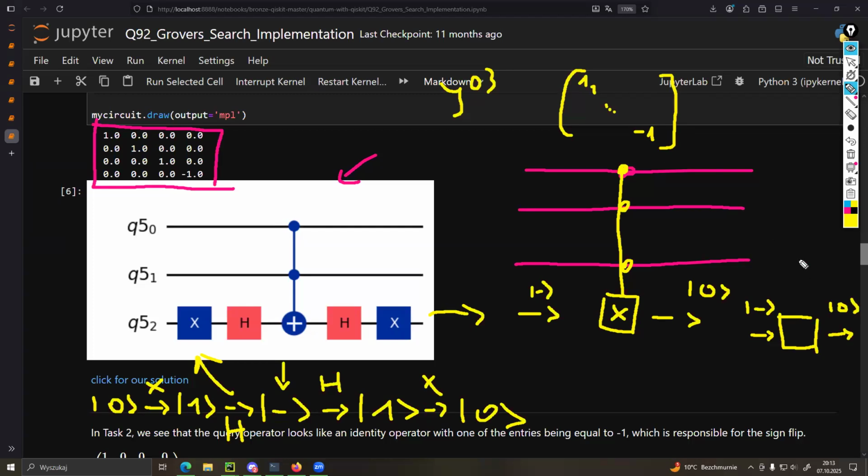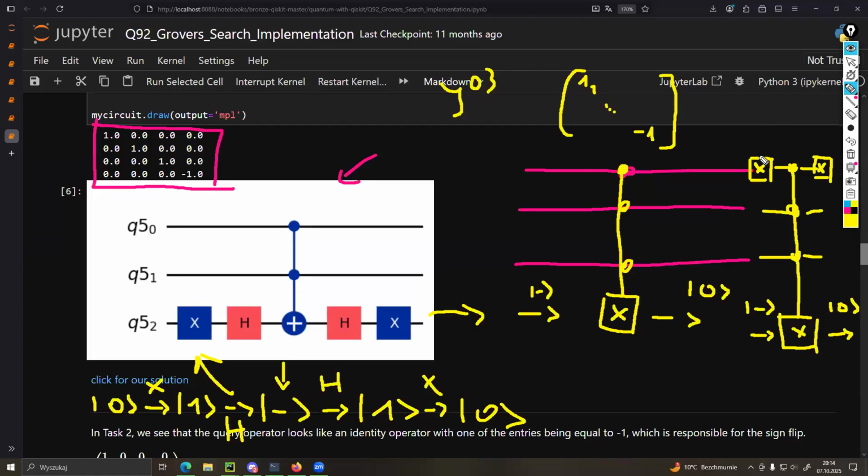Here, however, instead of applying it to the absolute last state, 1, 1, 1, I could apply it to the state that is 0, 1, 1, because I could use the trick that we have heard today with our conditional execution, with our preparation of any state besides 1, 1, 1.